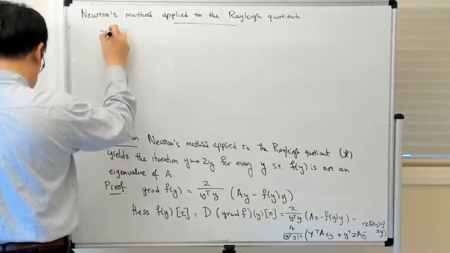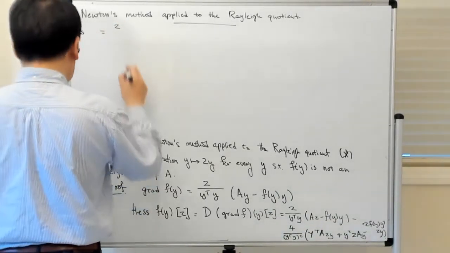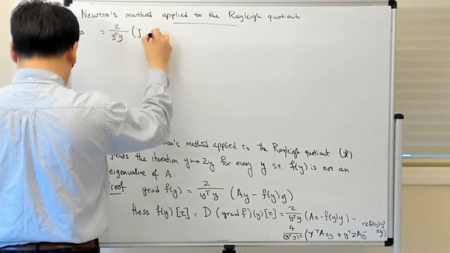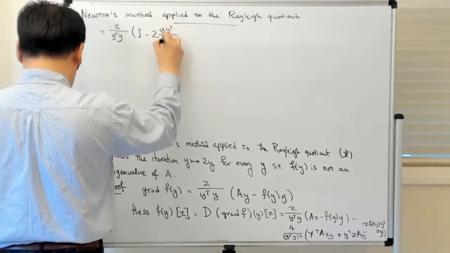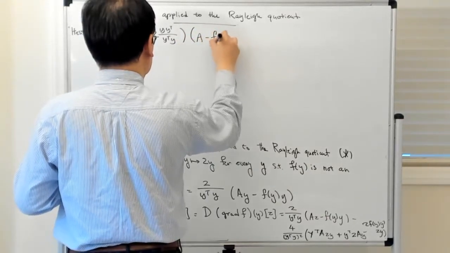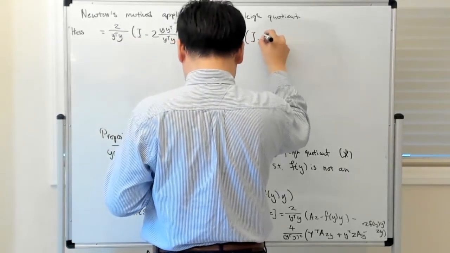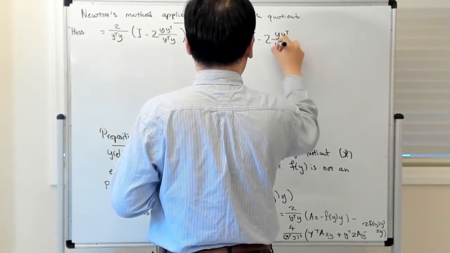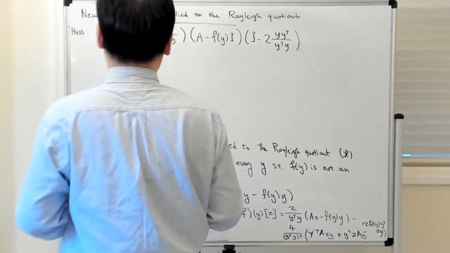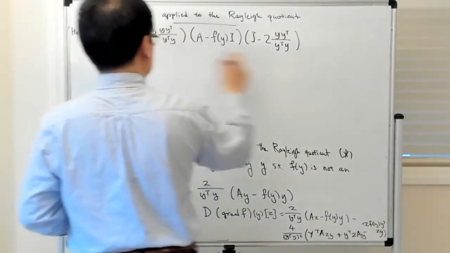So the Hessian is equal to 2 over y transpose y, identity minus 2 y y transpose over y transpose y, multiplied into A minus f(y) times the identity, minus 2 y y transpose over y transpose y, the whole thing times z.